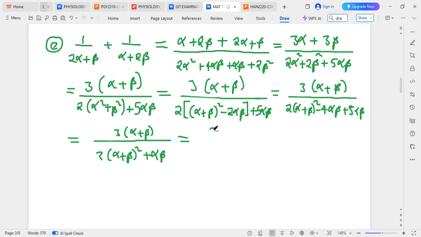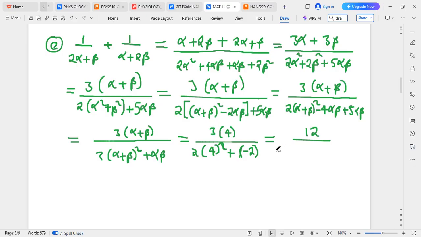And now we substitute, this will be 3 alpha beta, we know that's a 4. In the denominator we have also 2 (alpha plus beta), that is 4 but is squared, and then plus alpha beta, that's a negative 2. This is going to be equal to 4 times 3, that is a 12.